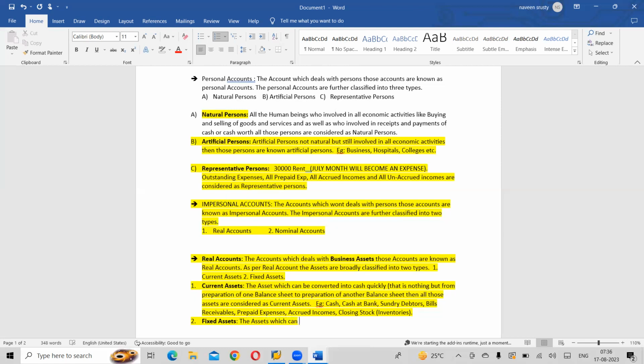which cannot be converted into cash quickly, from preparation of one balance sheet to preparation of another balance sheet.